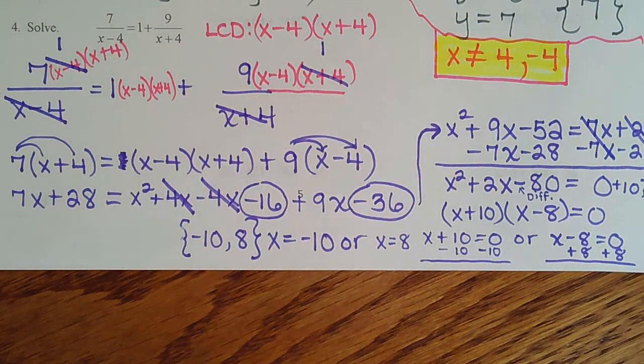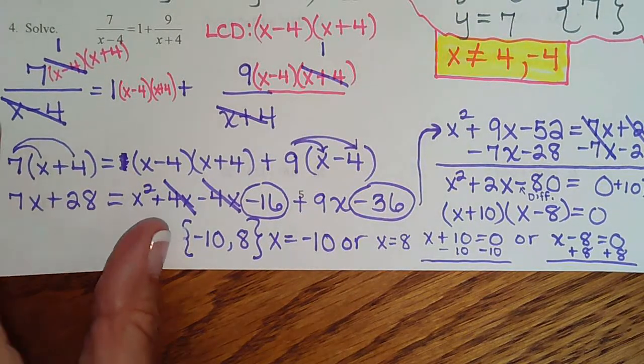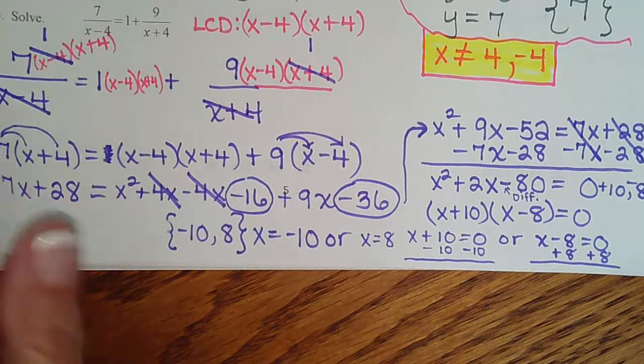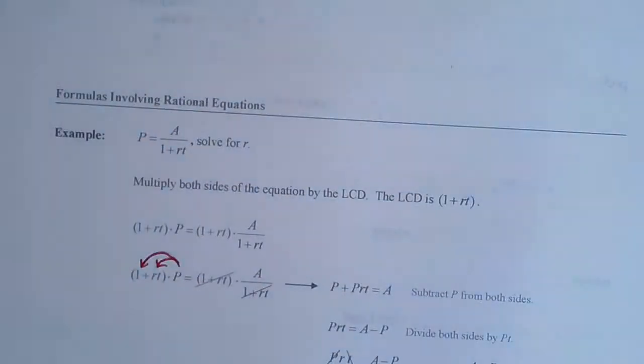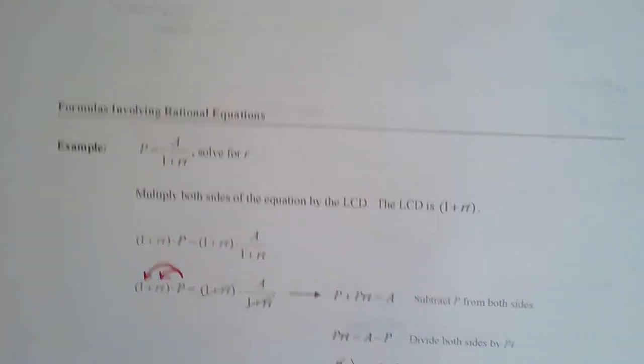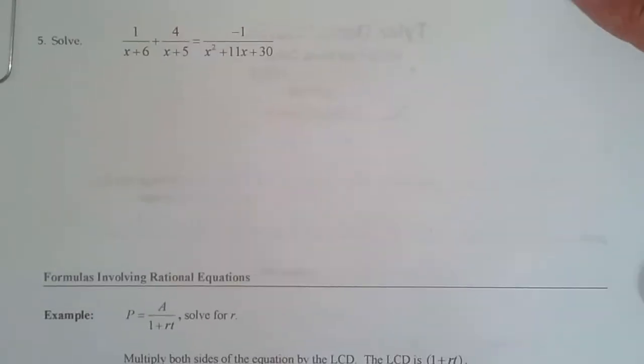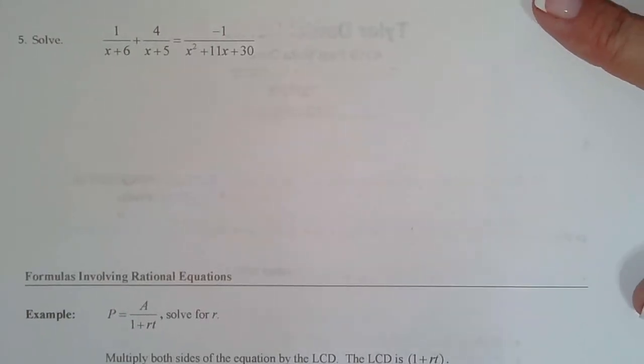I like it. Okay, let's do number 5. I hope you already tried it on your own because I think these are really good practice for you. This one is also very similar to the test because the test requires factoring, and then it has 3 fractions just like this.